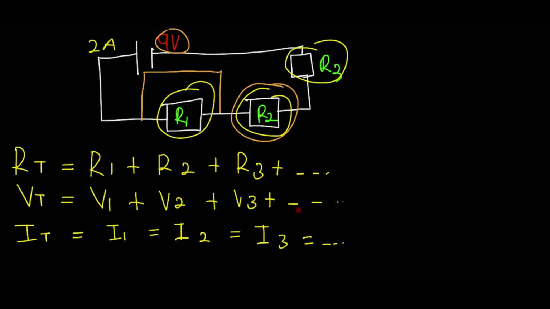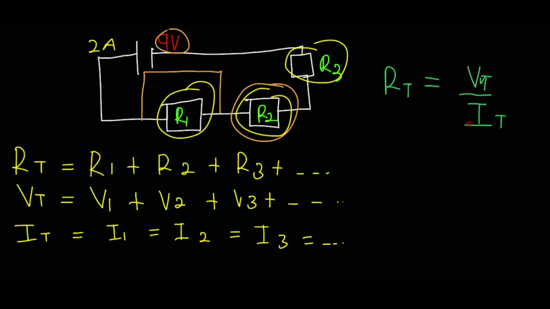And then another formula is very important. Resistance is the ratio of voltage and current. So this formula is very important. Sometimes we can calculate the total resistance. Let's say the total resistor, R total, will be V total over I total.